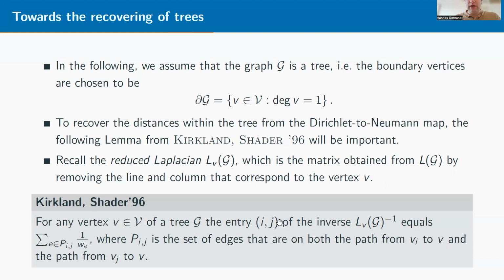And now the entry ij of this matrix equals the sum of the inverse weights, and I sum over all of the edges which are from the set Pij. So this really tells me that the entries are related to the distance between two vertices.